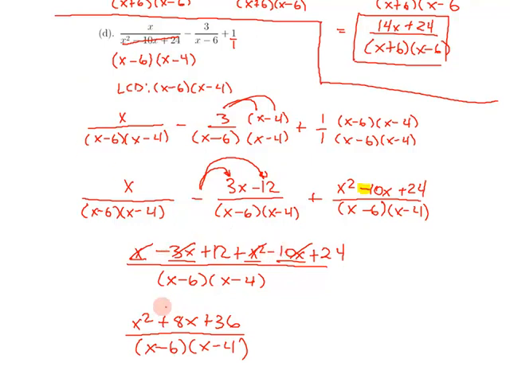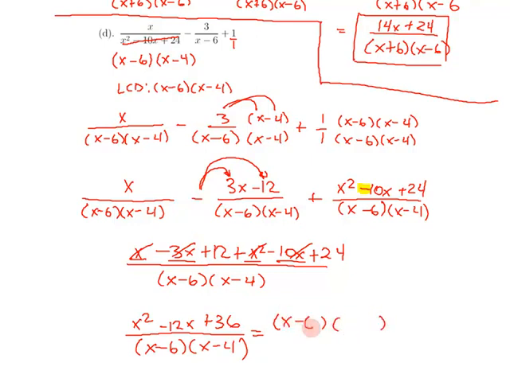Okay, so what have I got here instead of 8x? I've got an x, a minus 3x is a minus 2x, and a minus 10x will make a minus 12x. Okay? Now we can actually simplify that further because we can factor the numerator in this case.